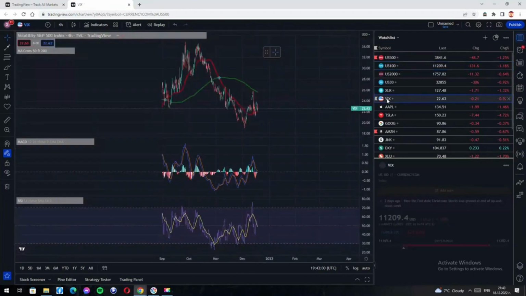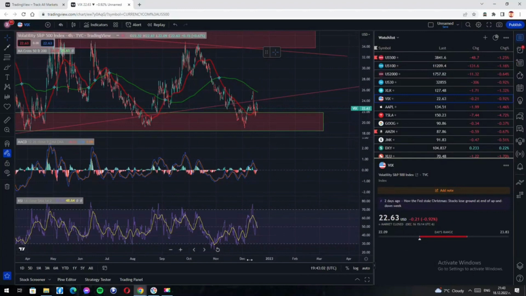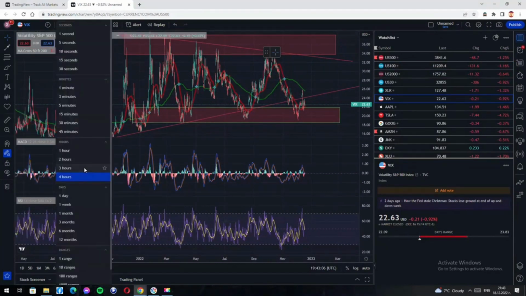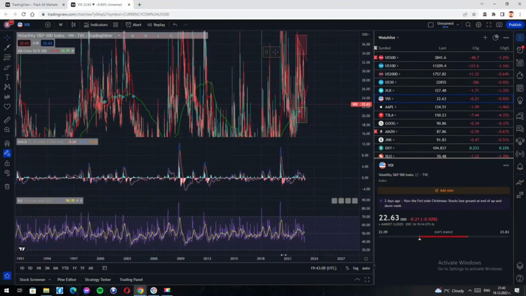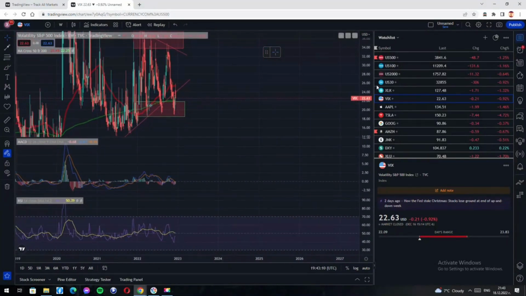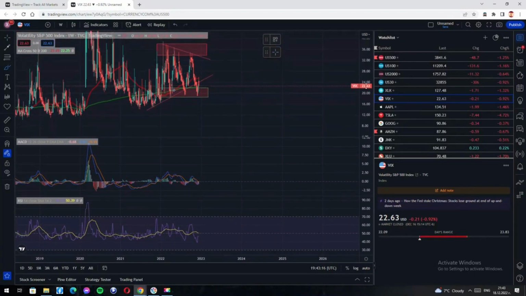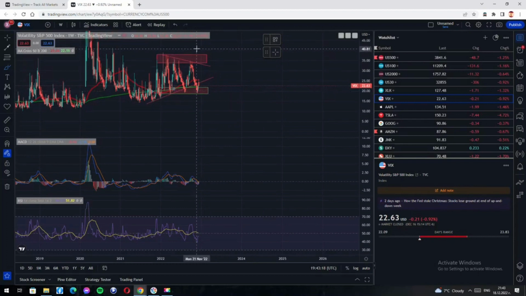So let's take a look now on the VIX. The VIX is very, very interesting right now. So we have been getting this pennant pattern. For the first time, we have not seen the VIX go above 45 during a bear market.